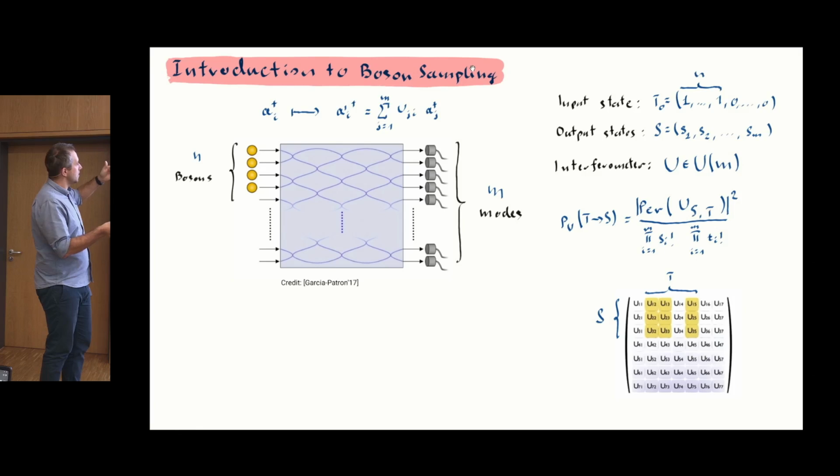In this example, the first n columns, and then you repeat rows of this matrix according to this pattern S. So S1 repetitions of the first row, S2 repetitions of the second, and so on.